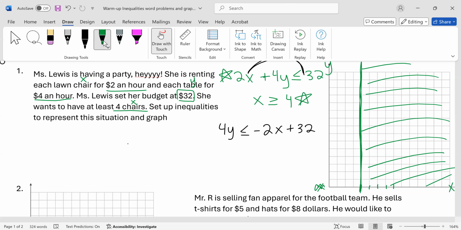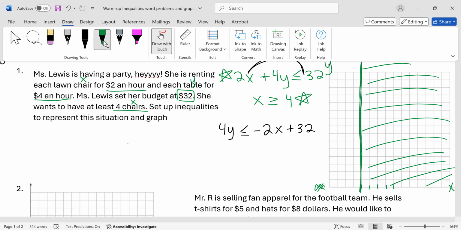So for example, let's say I pick a point right here. That's the point 7, 2. That means I can buy 7 chairs and 2 tables.